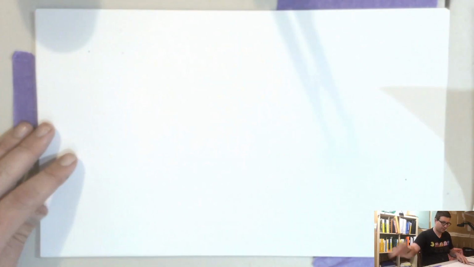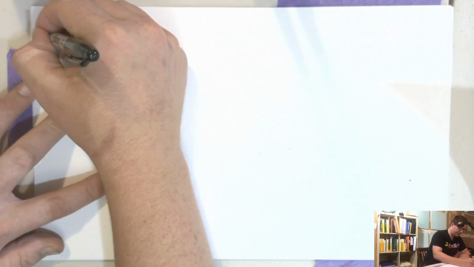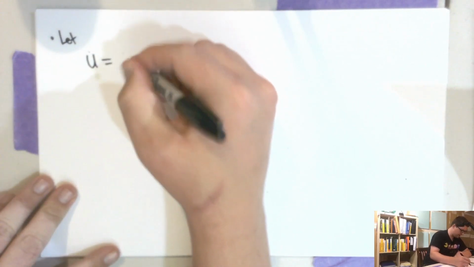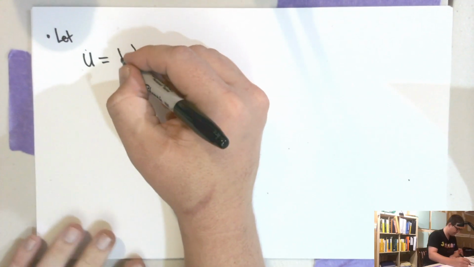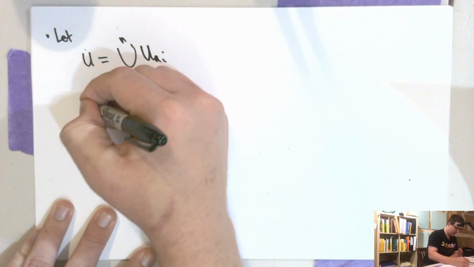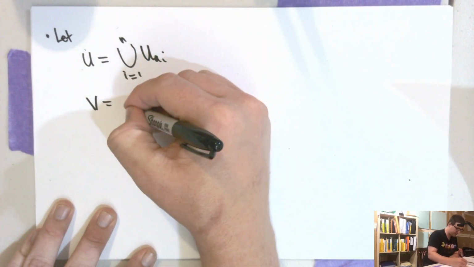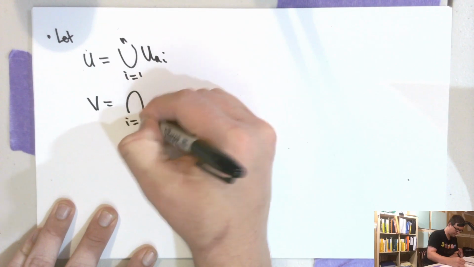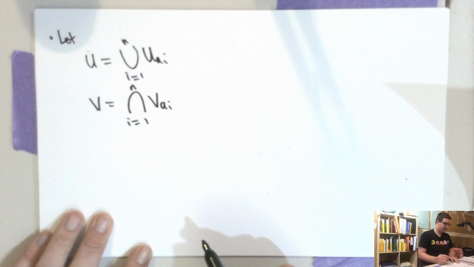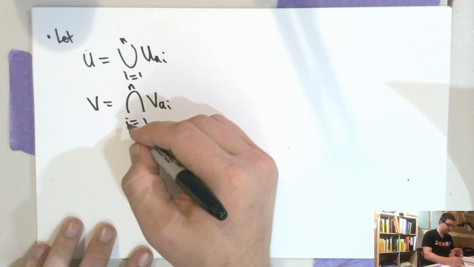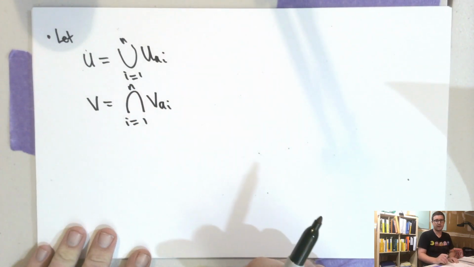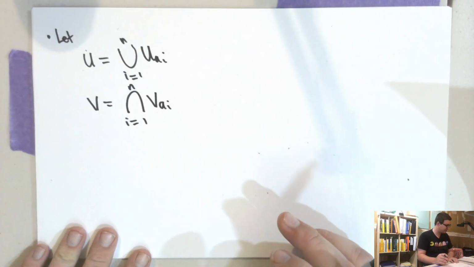All right, so here's what we're going to do. We're going to let U be the union over i equal to 1 up to n of U of a_i, and then we're going to take V to be the intersection of the V of a_i. And so this is a neighborhood, since it's a finite intersection of open sets, it is an open set by the axioms of a topological space.